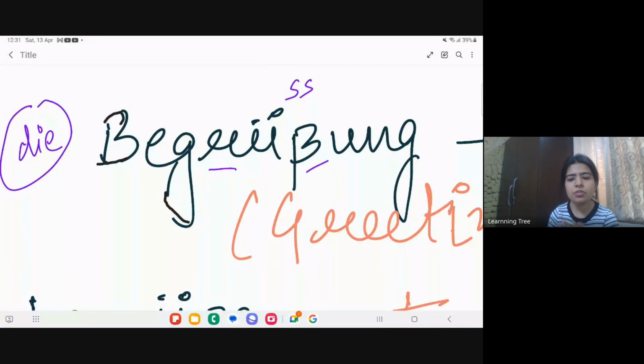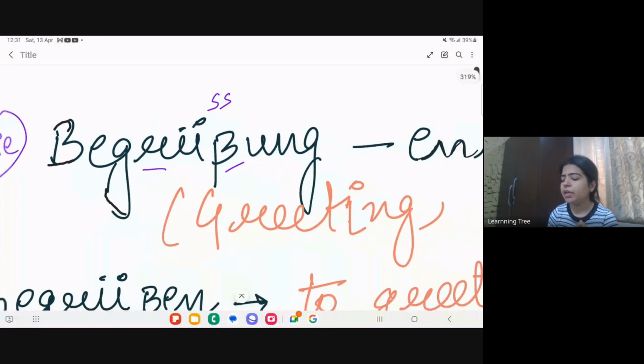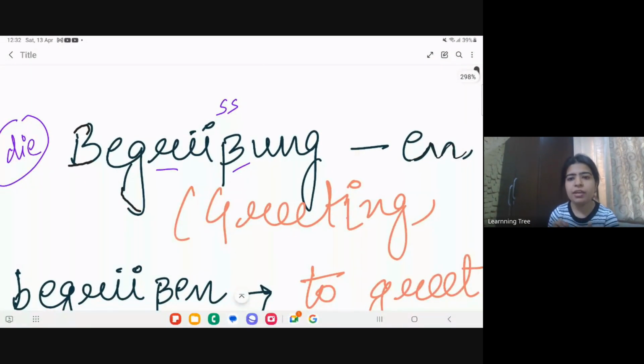Die article stands for which gender? Feminine. Sehr gut. Feminine gender. Right. Die Begrüßung, and the plural will be die Begrüßungen. So with plural we are adding en.